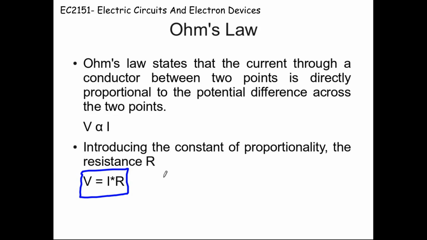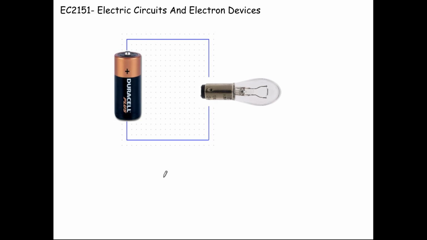So let's see a simple circuit. Let's say we have a voltage of 5 volts here, right? And let's say the resistance of the bulb is around 200 ohms. This is an example.